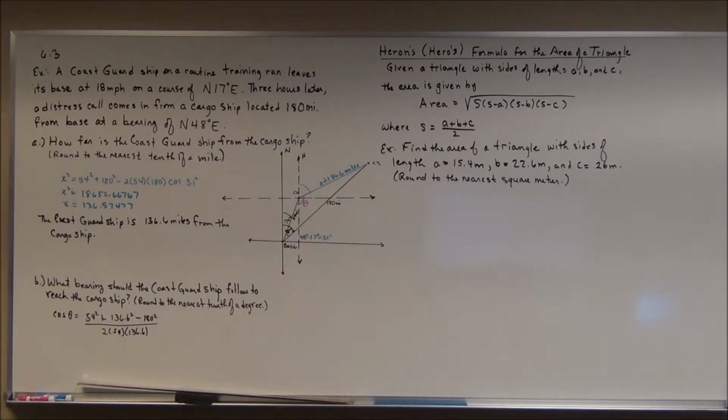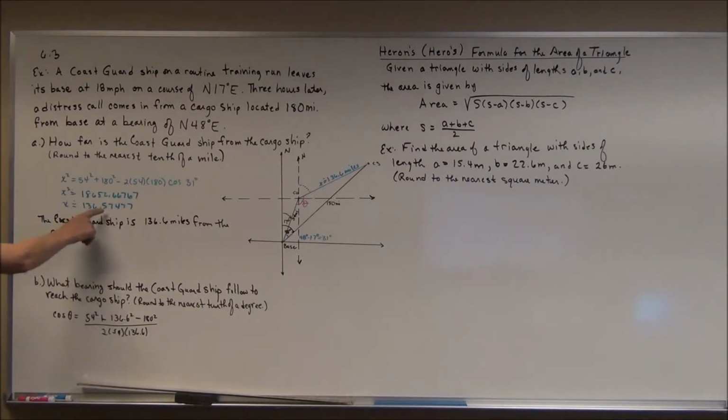And I have 54 squared plus, what is that, 136.57477 squared minus 180 squared, and I'm going to divide that by the product here of 2 times 54, that's 108, times that long version of that number here, 136.57477, and I hit that and I get a negative number, which kind of makes sense because that angle looks like it's going to be bigger than 90 degrees.